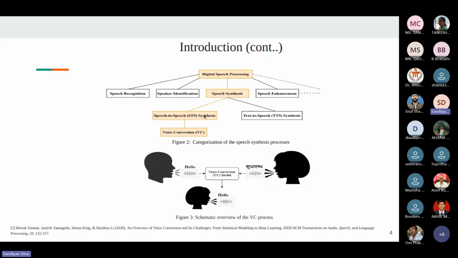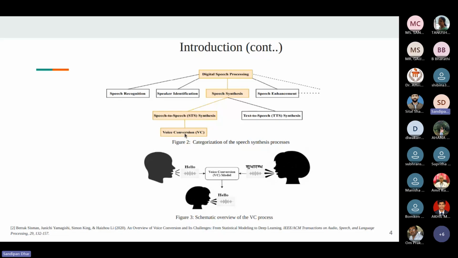As the name indicates, in speech-to-speech synthesis, the input is audible speech, and the output is also audible speech. Whereas in text-to-speech, the input is the textual transcript, and the output is audible speech. Now TTS has already been covered by earlier speakers, so that's why I'm giving more focus to speech-to-speech in this part. However, in my later slides, I have also included the TTS part, specifically for diffusion models.